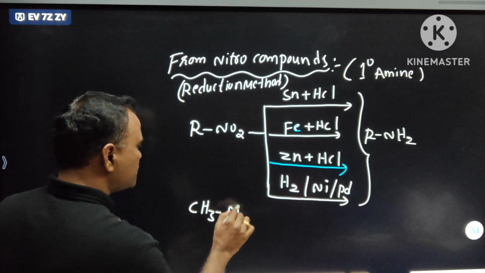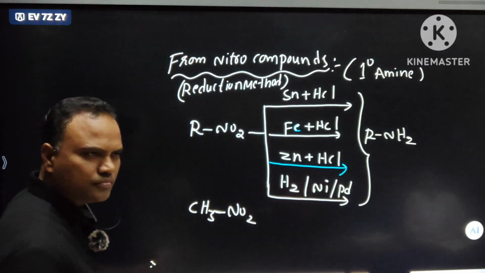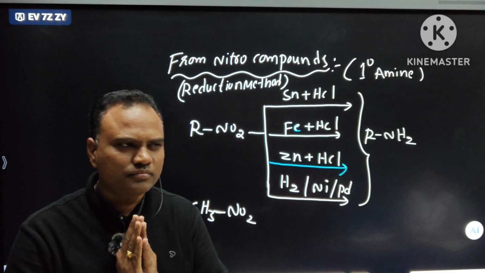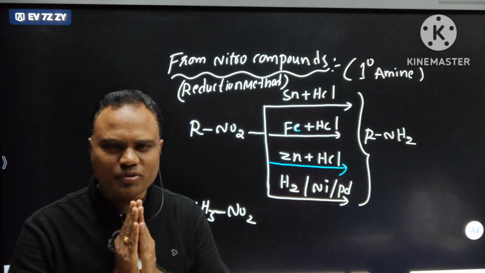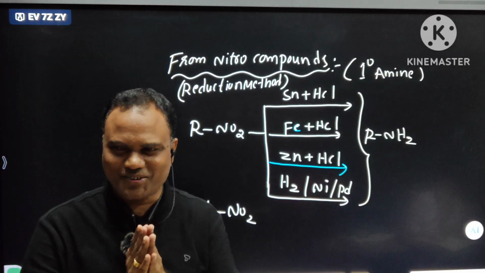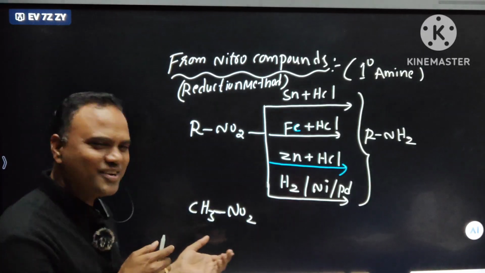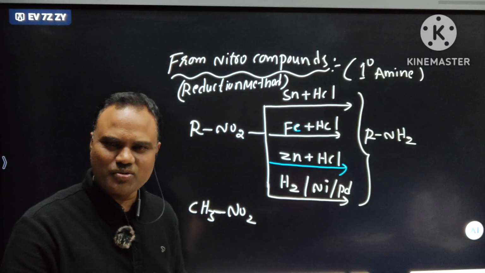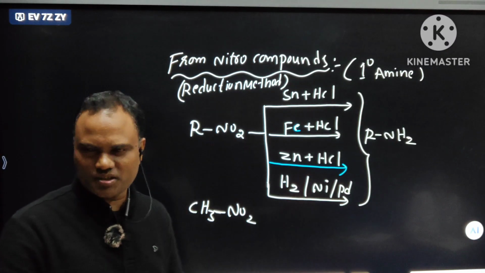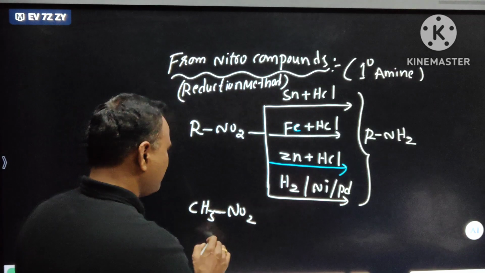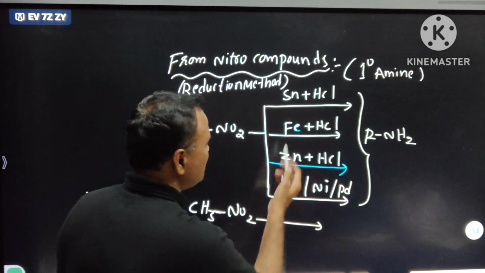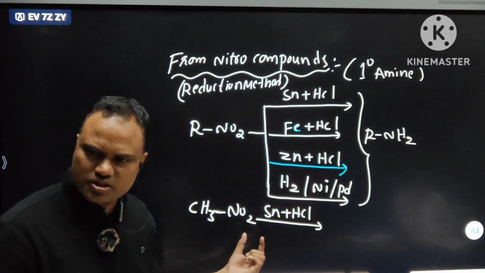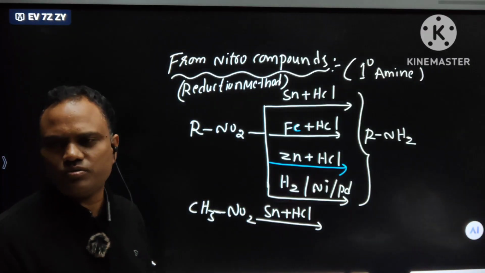Example, what is its name? Very simple compound. One student said the answer online. Nitromethane. Any reagent, Sn plus HCl. In place of NO2, we write NH2.